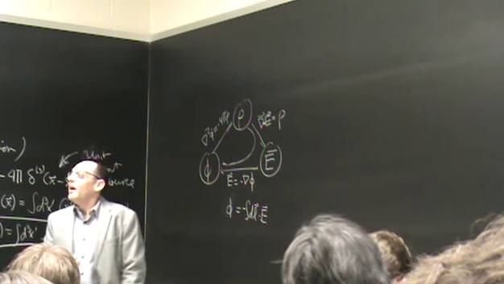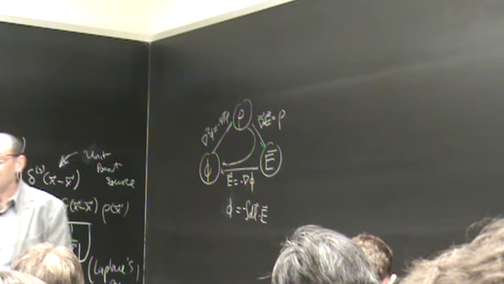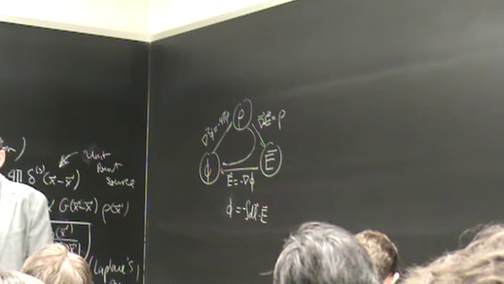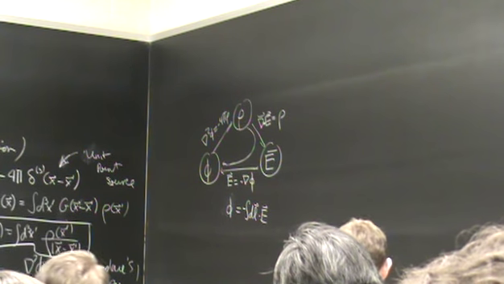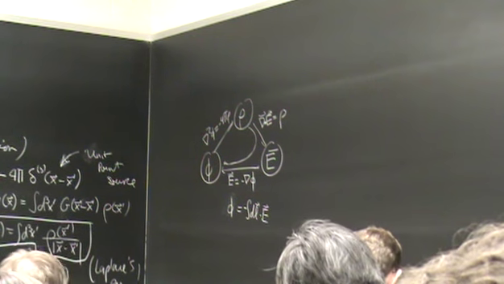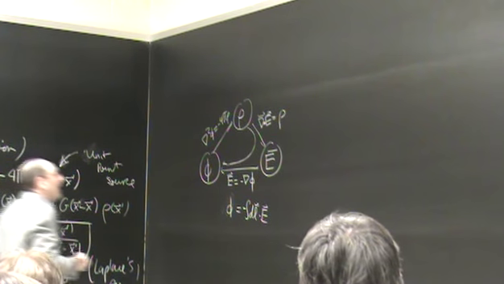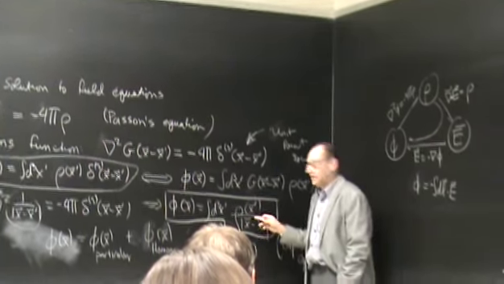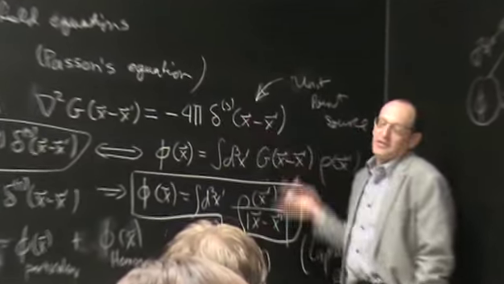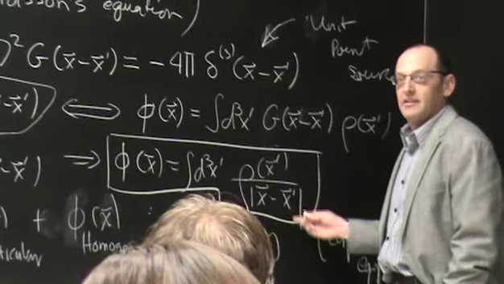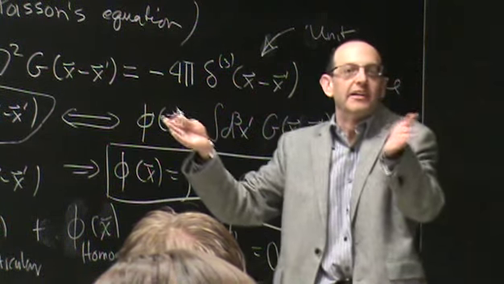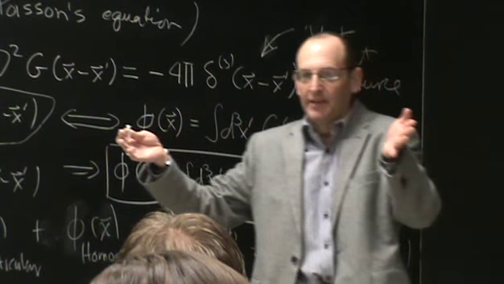On the other hand, that's a rare circumstance, and quite often I can't use Gauss's law to simply determine the electric field from the charge distribution. In which case, the better thing to do is to directly integrate the charge distribution with the Green's function. The solution to Green's function was trivial in this case. So if I'm given some funny charge distribution, like charge on a line segment, Gauss's law is not going to do it for me.